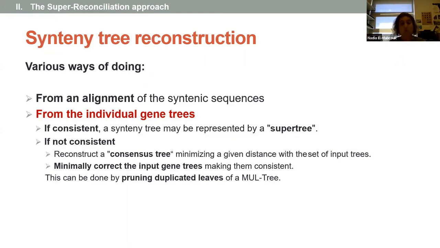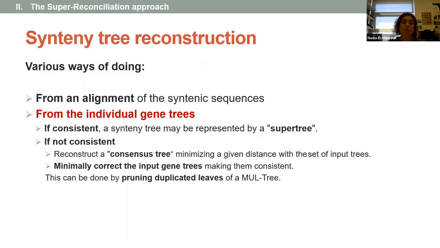So rather than aligning the syntenies, we can also infer a synteny tree from the individual gene trees. If the gene trees are consistent, then we can infer a supertree, which would be our synteny tree. If the gene trees are not consistent, then the problem would be to make them consistent.